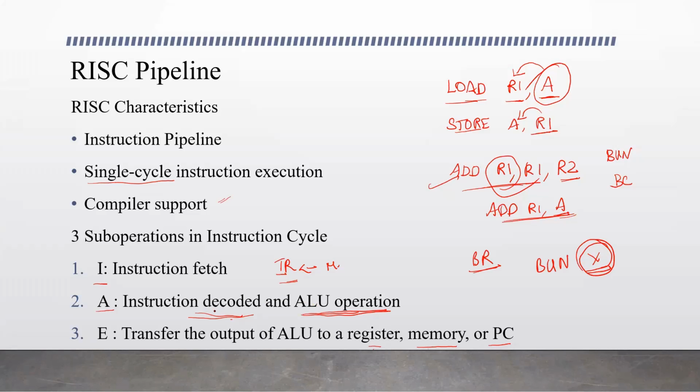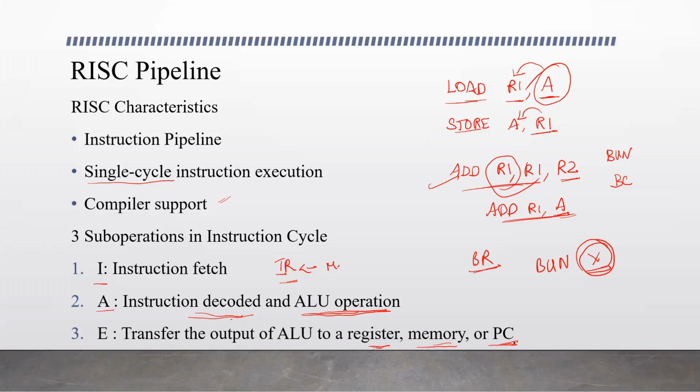So these are combined in one phase, instruction decode and ALU operation. Once that is done, the execution phase transfers the output of the ALU to a register or to memory. After the manipulation operation, if the data has to be transferred to a register, that is the execution phase. Or it can be transferred to memory or PC.